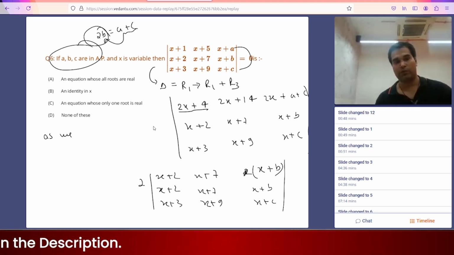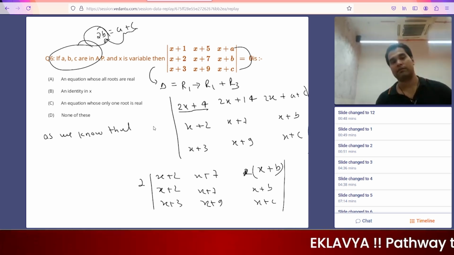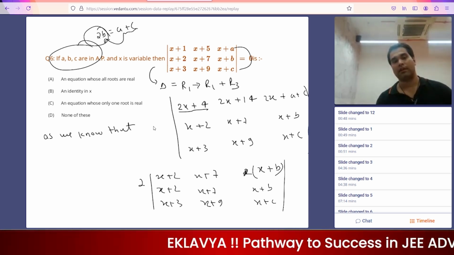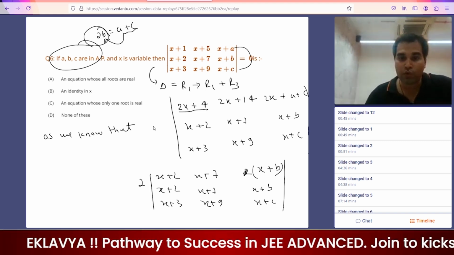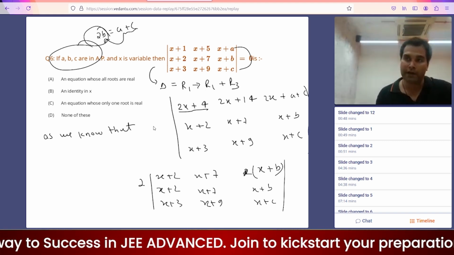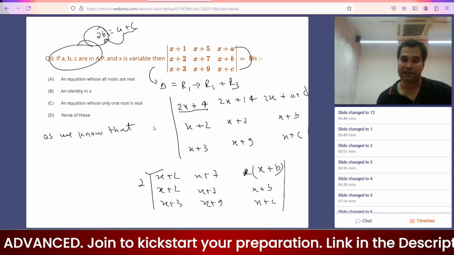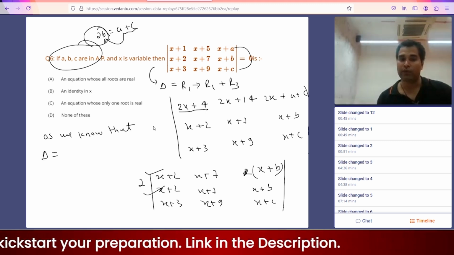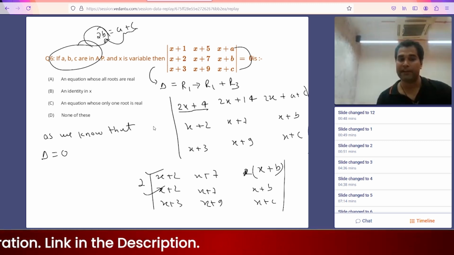And as we know that when any two rows or columns are identical, here we see that R1 and R2 are identical. This means the value of the determinant is 0.